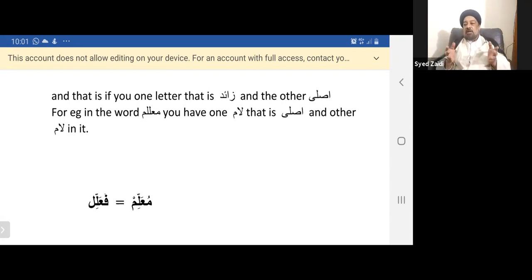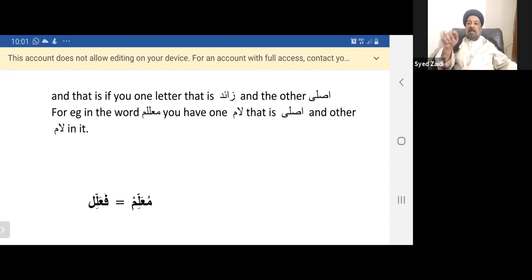Sometimes you can know, there are ways to find out through ilm sarf which one is asli and which one is zaid. The first one is asli and the second one is zaid, or the second one is asli and the first one is zaid. You don't know. What do you do? You can't do anything about it if there's no way to find out.